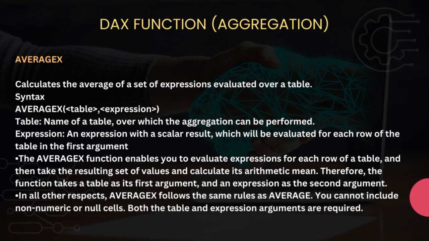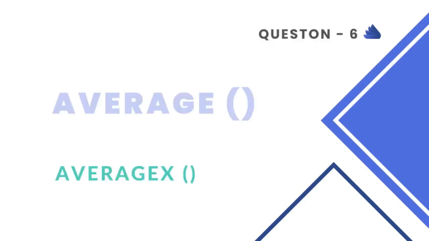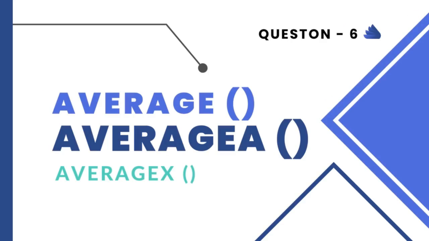Remember, both the table name and expression arguments are required for AVERAGEX. Another thing is that the AVERAGEX DAX function follows the same rule as AVERAGE. You cannot include any non-numeric or null cell here. So this is all about the AVERAGE, AVERAGEA and AVERAGEX DAX functions.